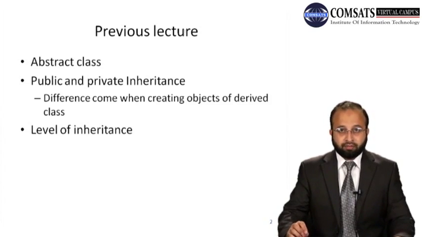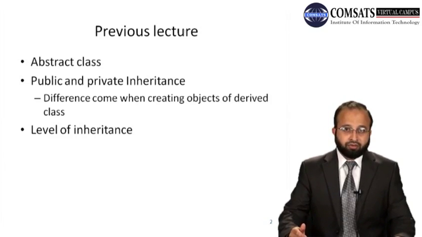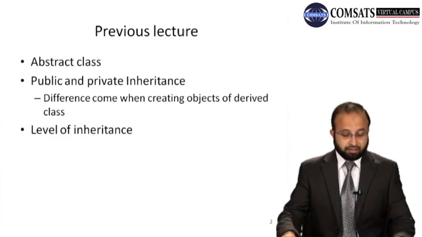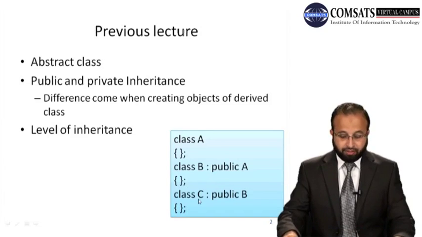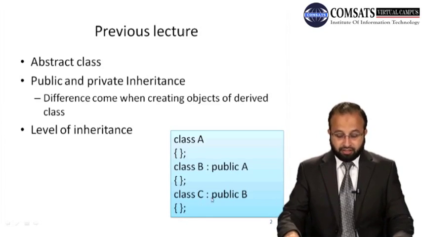Then we have seen levels of inheritance, or you can say a hierarchy of inheritance. Here come the terminologies of a direct base class and an indirect base class. So an indirect base class is the base class of a base class, right? If there is a derived class, it has a base class, and that base class has another base class, then that upper base class becomes the indirect base class of the derived class. Like in this example, class B is derived from class A, and class C is inherited from class B, right?